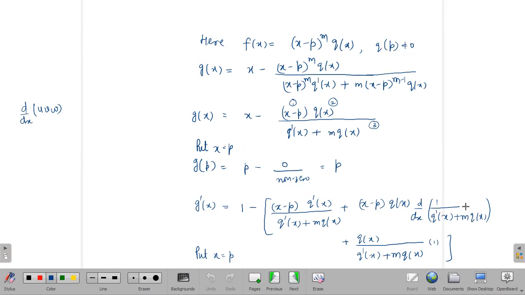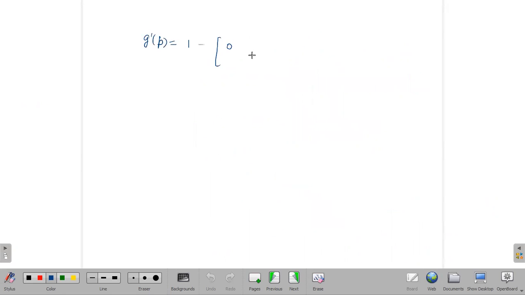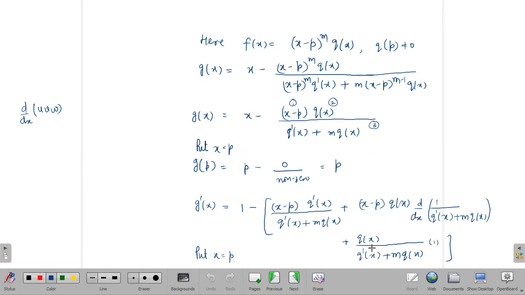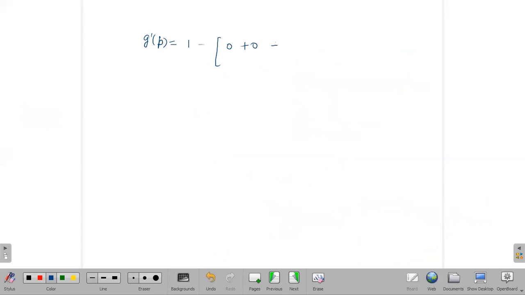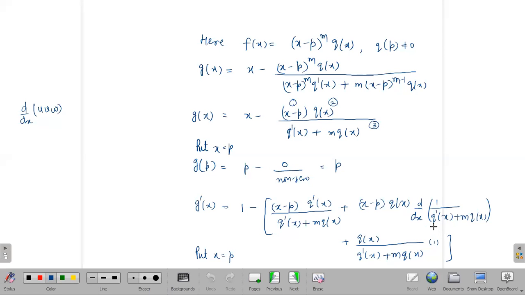And here also, whatever the derivative it is, a multiple of x minus p here. So second term will also be 0. And third term, q of p, if I put x is equal to p, you're getting q of p. Sorry, it should be x minus p here.